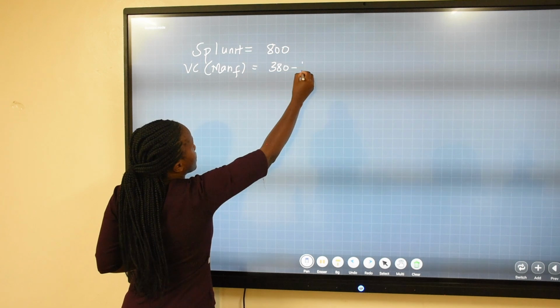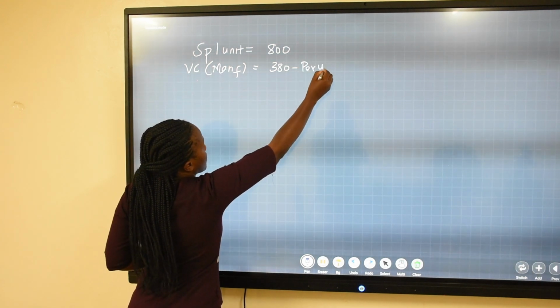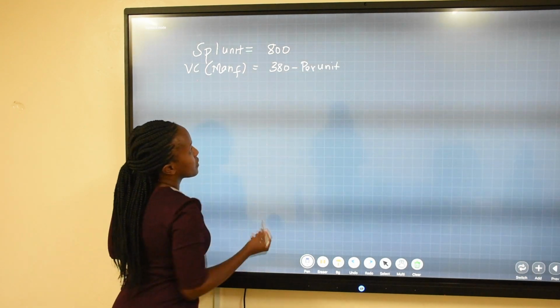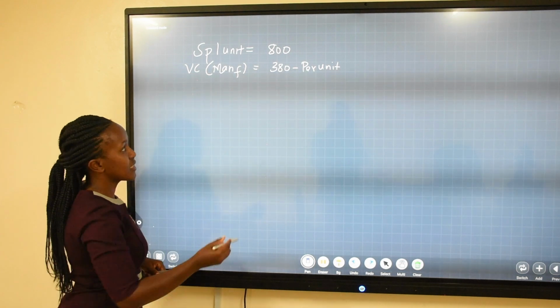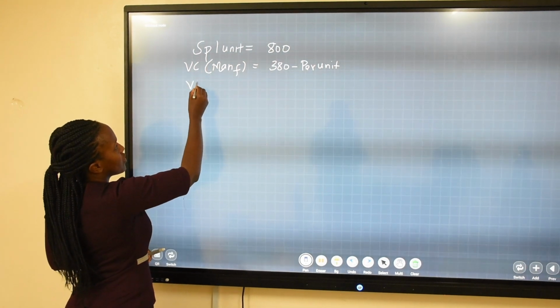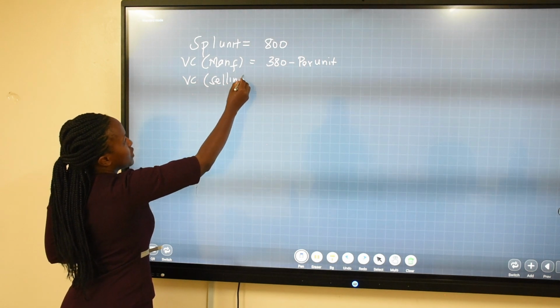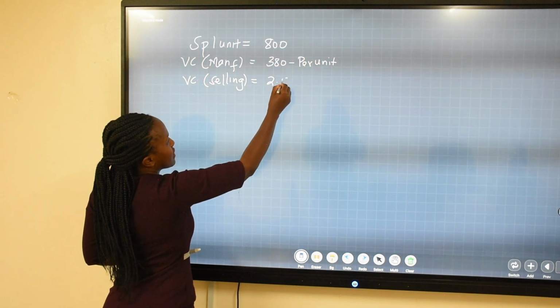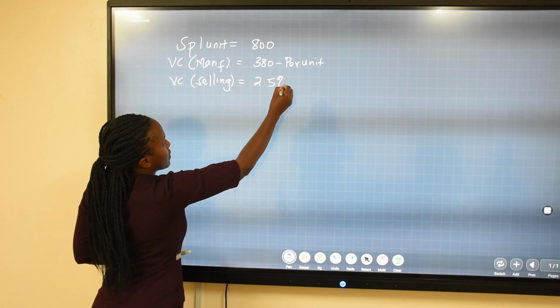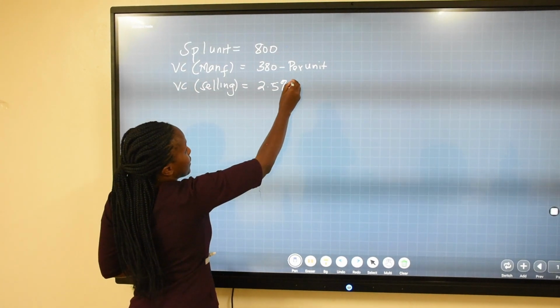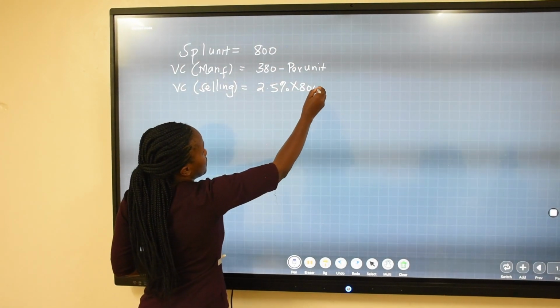We are saying this is per unit. But you have also been told that there is a variable selling cost, which is 2.5% of the selling price. Remember, the selling price is 800.